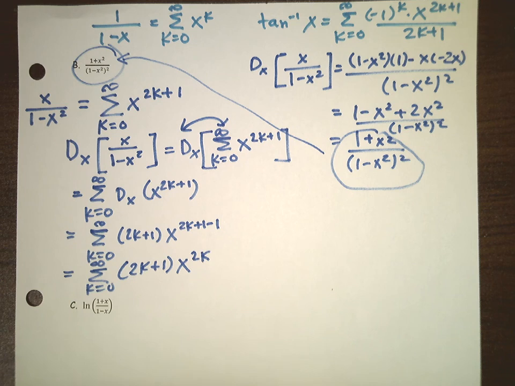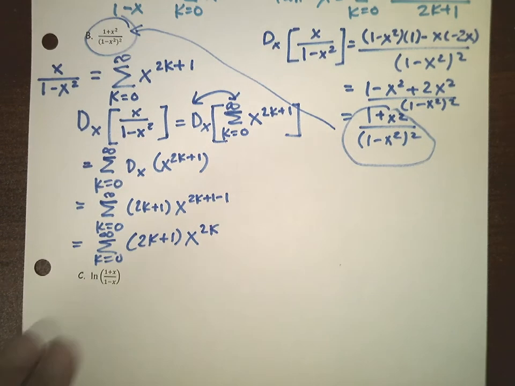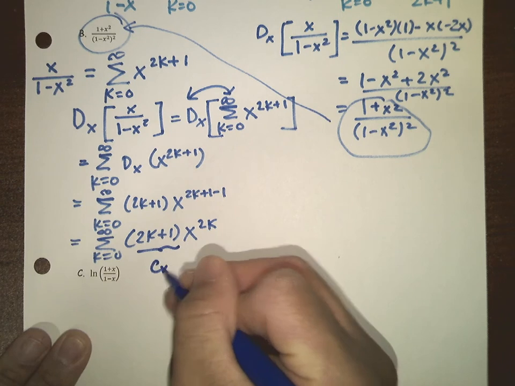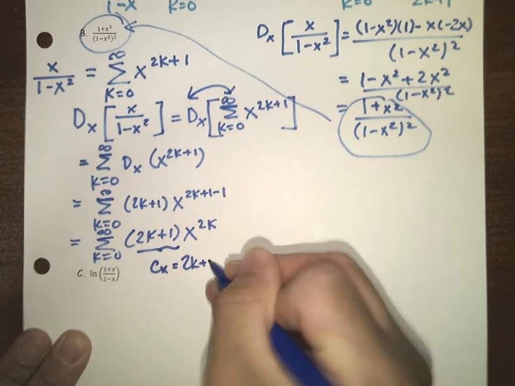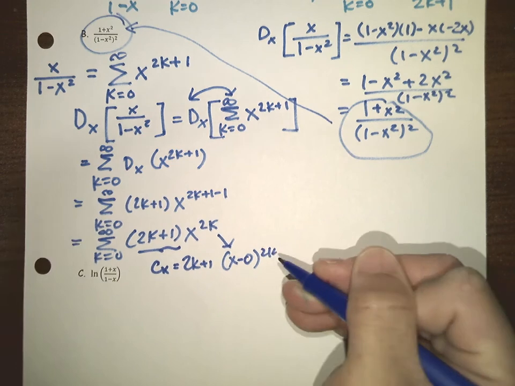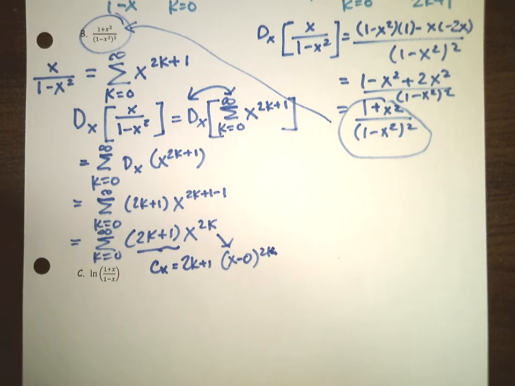Now, if I want to go ahead and find the radius of convergence, then the c_k will be 2k plus 1. The x minus 0 is to the 2k power here. So what do I need to do here?